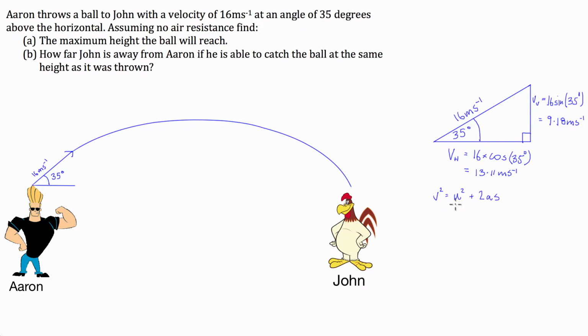Now, hopefully you'll know that the capital V is the final velocity, u is the initial velocity, a is the acceleration, and s is the distance. Now, at the maximum height that we have here, the final velocity is 0. Now our initial velocity in the vertical direction is 9.18.